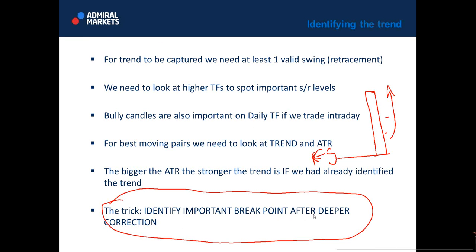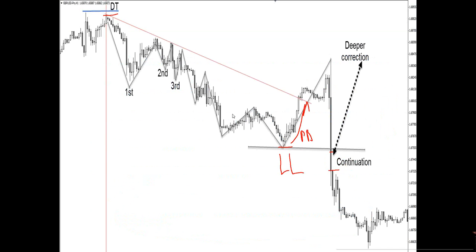Identify the important break point after a deeper correction. So this is a downtrend, obviously. This is the break of this trend line. This is the deeper correction because this is the high and this is the low, and this retracement is still below the double top or the high. This is not a reversal.